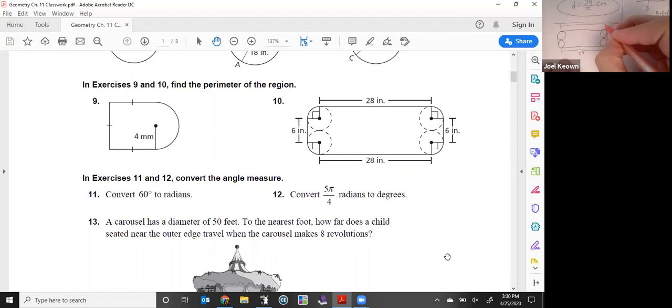From here to here is 28. From here to here is 6. Here also 6. All right. So this is what they give me. You see the picture on number 10 will look way better than my drawing.